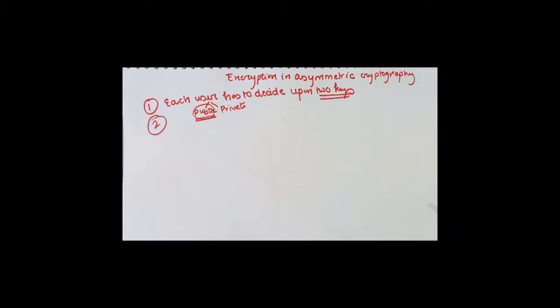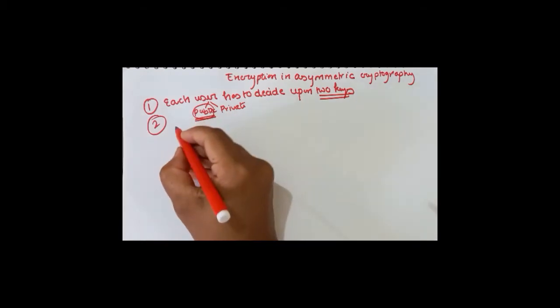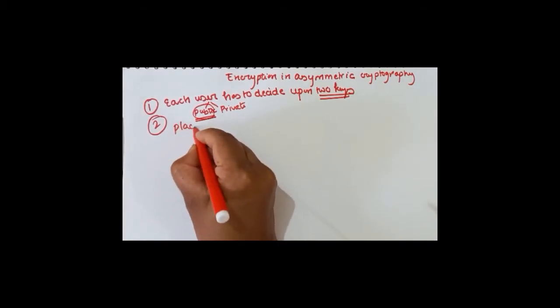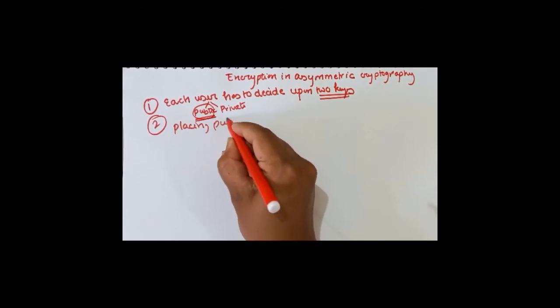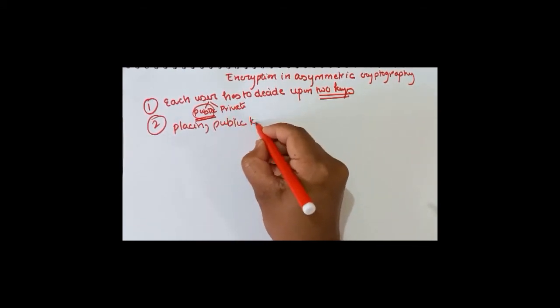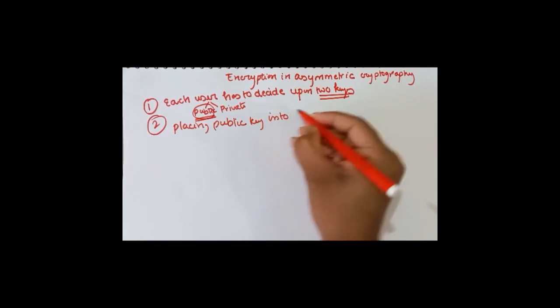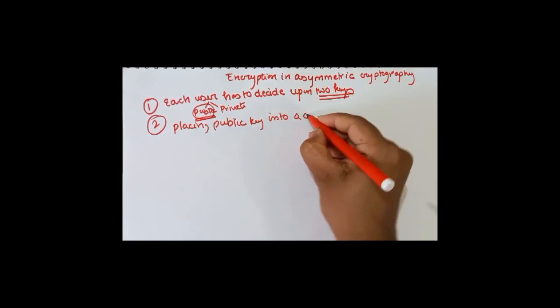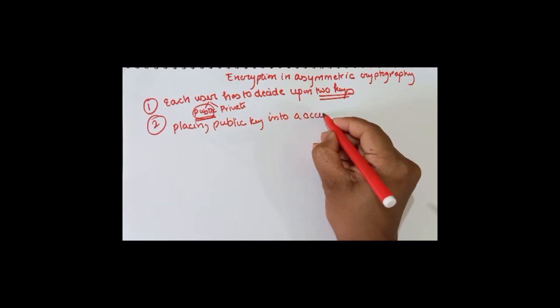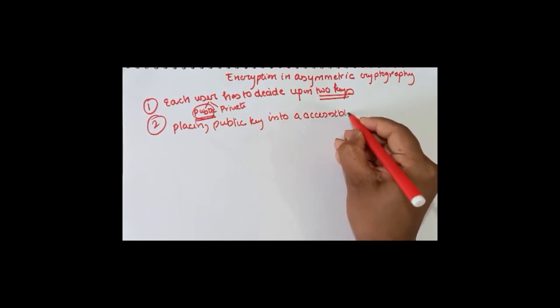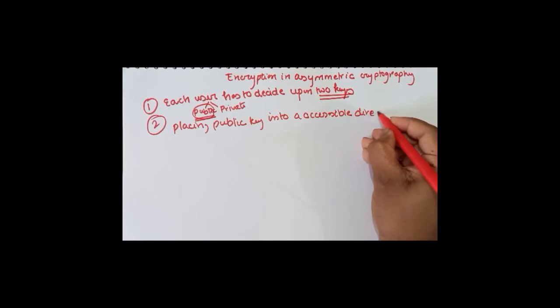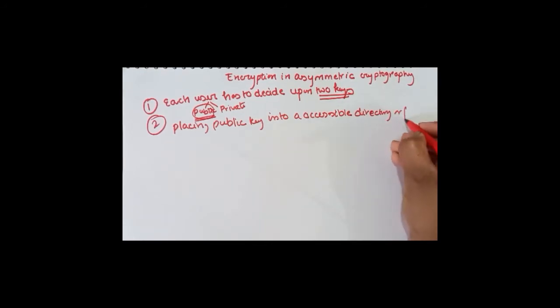For example, I want to communicate, I decide upon the two keys, and one of them will be public, another will be private. And what will I do? I will announce my public key to everybody. So the method of announcing is placing the public key into an accessible directory or file.